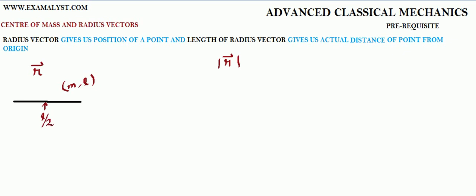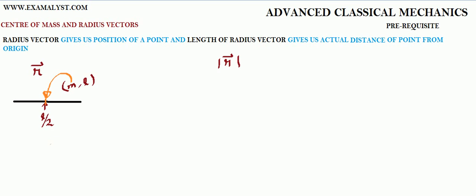then I can balance the entire rod. The reason I can balance the entire rod is because at the center of the rod I can carry the entire mass of the rod. In other words, somehow the entire mass of the rod is concentrated at the center, and as a result I can balance the entire rod just by holding it using my fingers at length l by 2.